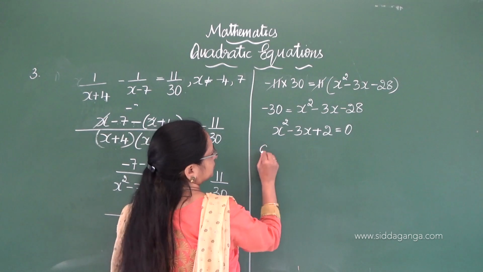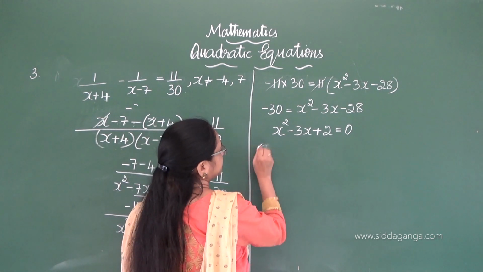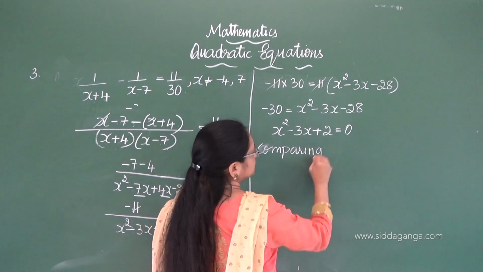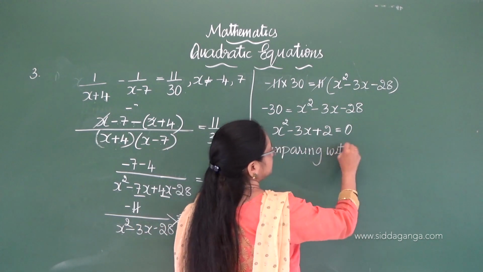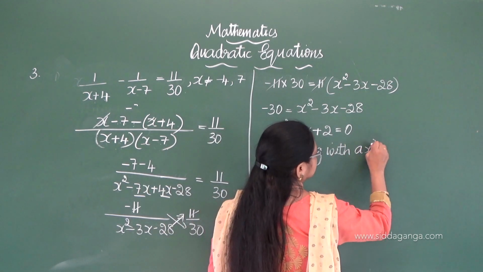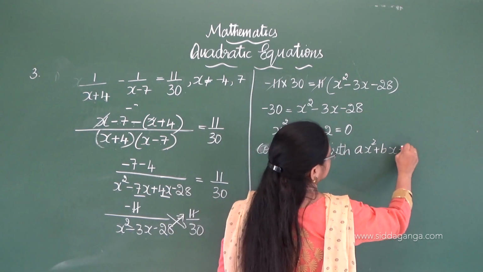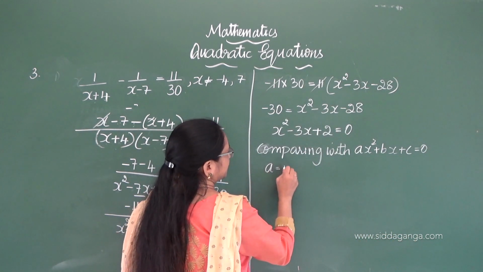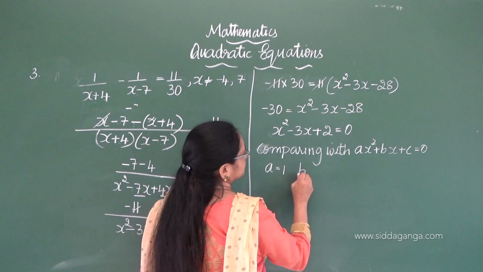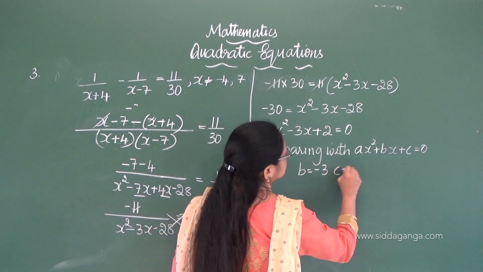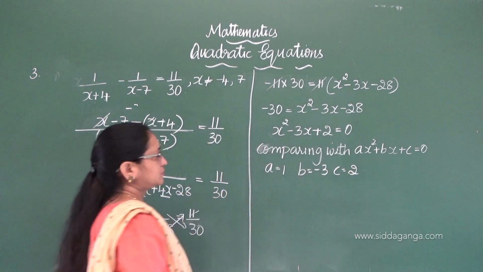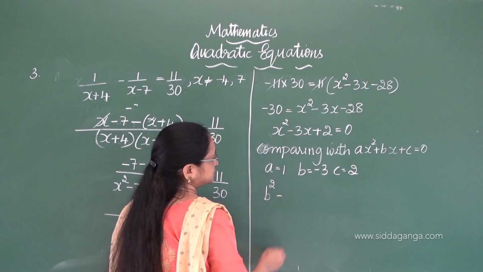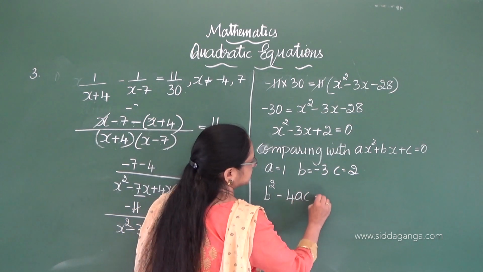Now next step you all know, comparing with ax square plus bx plus c is equal to 0. Now a is equal to 1, b is equal to minus 3 and c is equal to 2. Now what is the next step? Next step you have to find out b square minus 4ac.